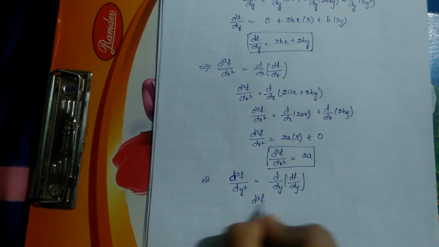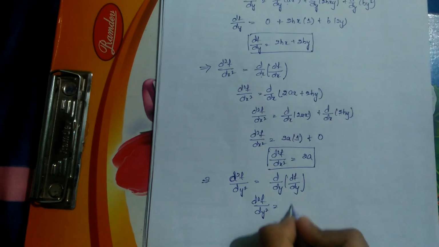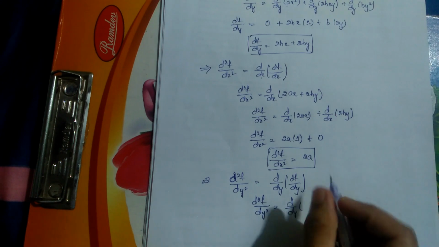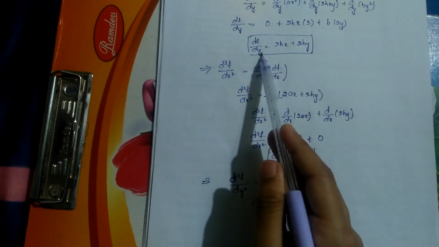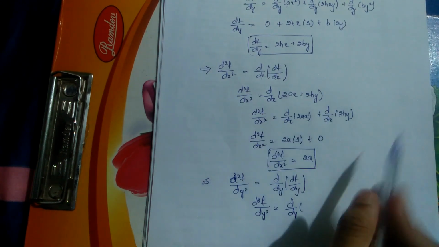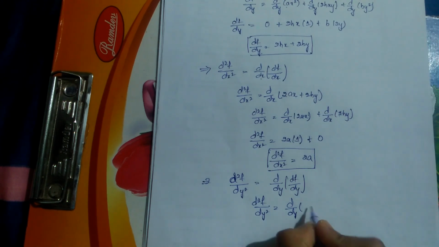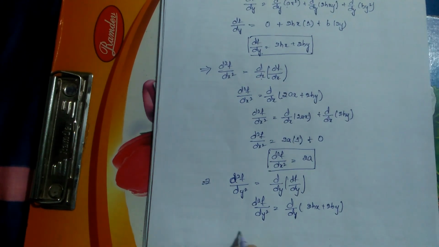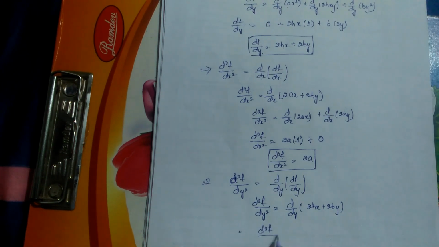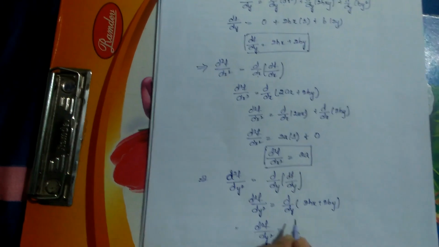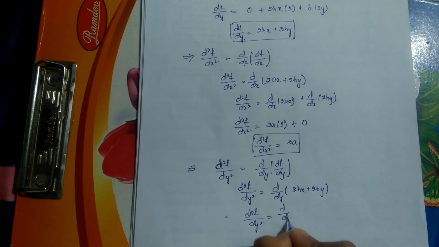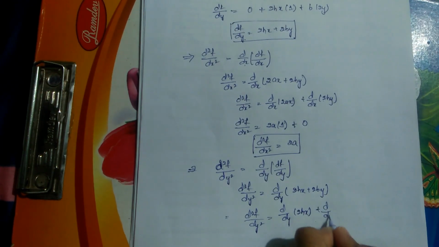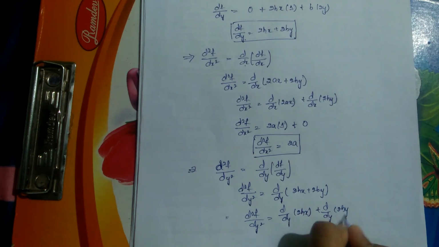Then here ∂²f/∂y² equals ∂/∂y of, here we got ∂f/∂y as 2hx plus 2by. That is 2hx plus 2by. And now ∂²f/∂y² equals ∂/∂y of 2hx plus ∂/∂y of 2by.